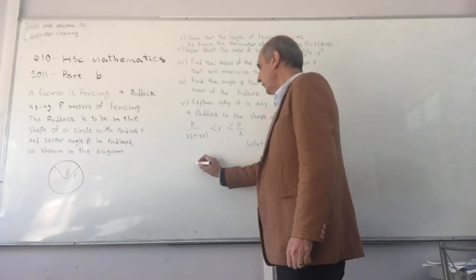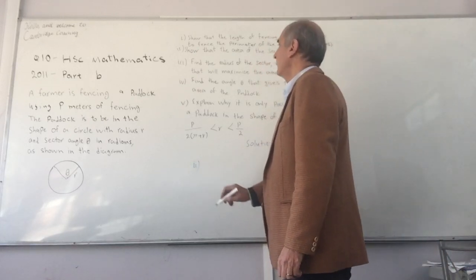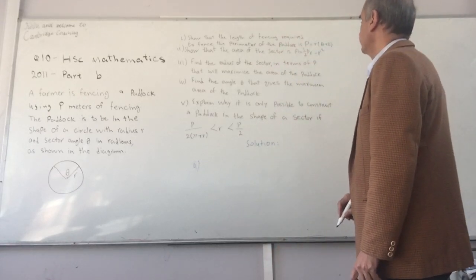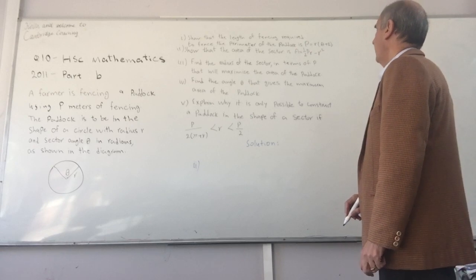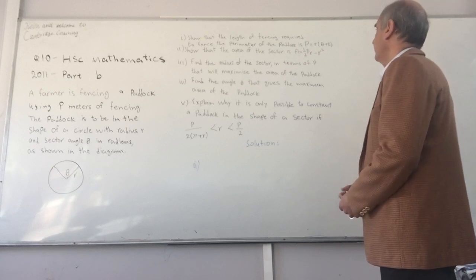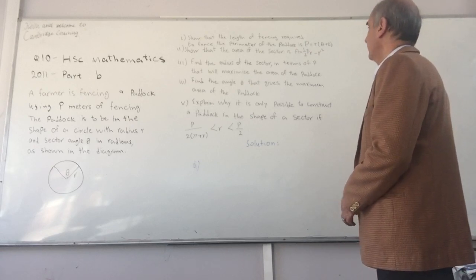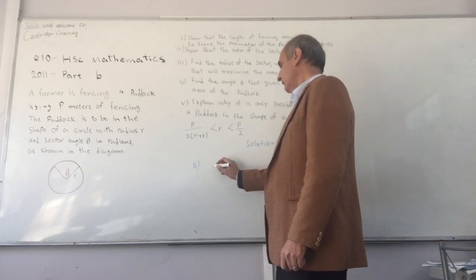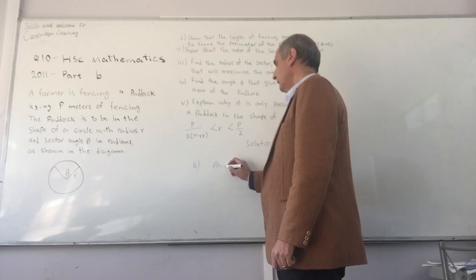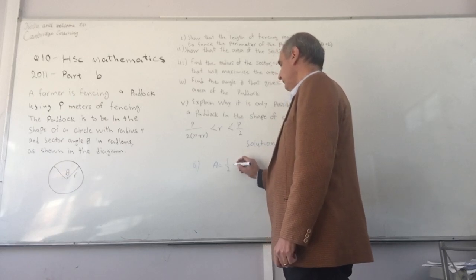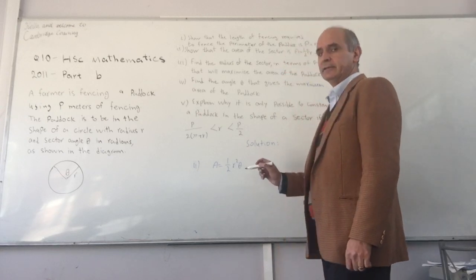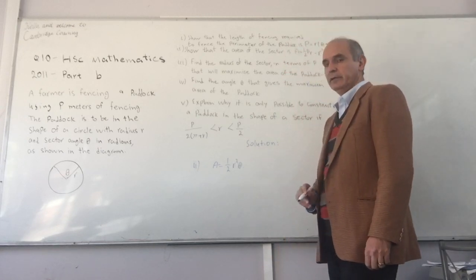For part II, show that the area of the sector is A equal to half times Pr minus r squared theta. We know that the area of the sector is given by half r squared theta. That is the area of a sector.